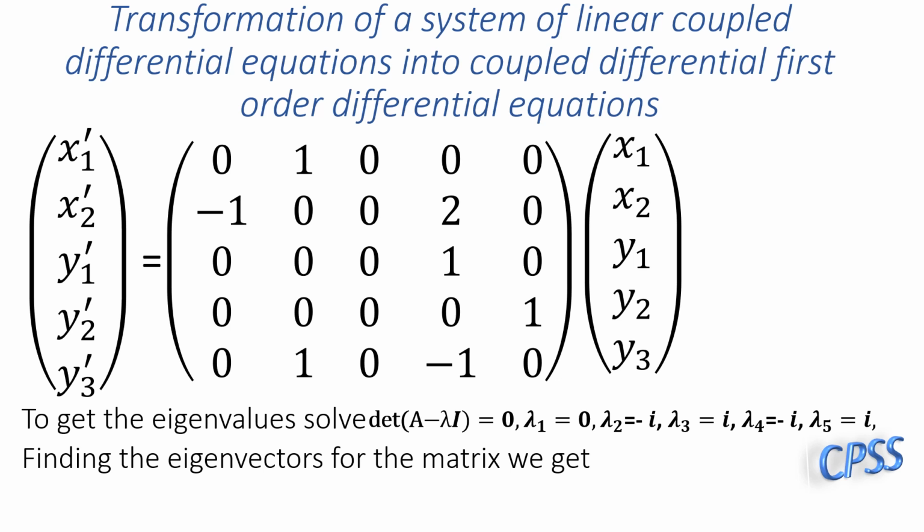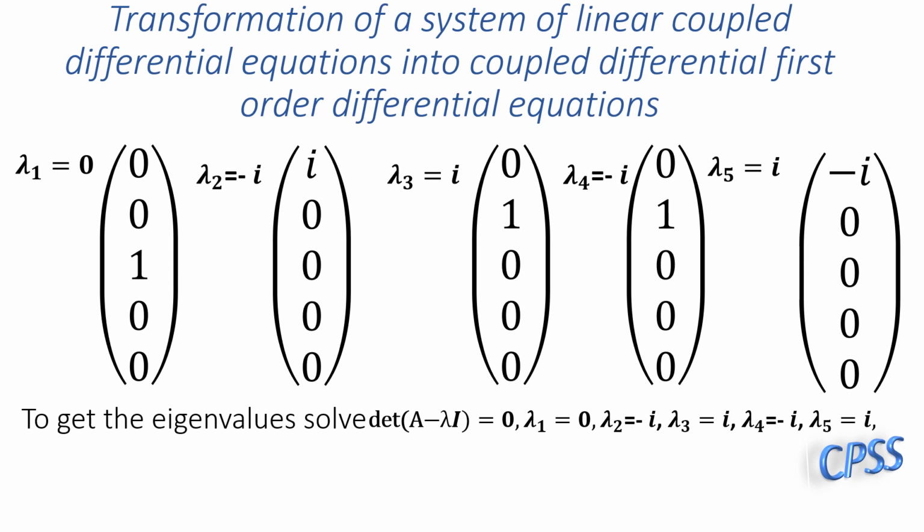So we got 5 eigenvalues here, and when calculating these eigenvalues, we get these eigenvectors. So we have the homogeneous solution of the homogeneous problem.